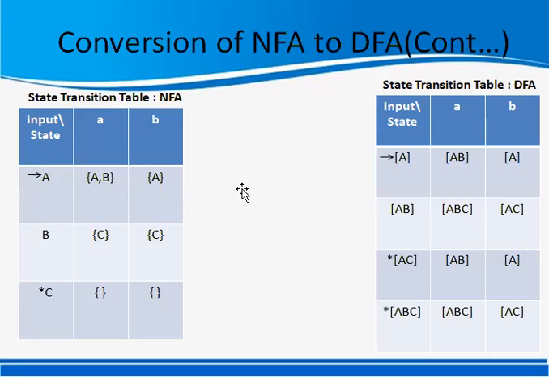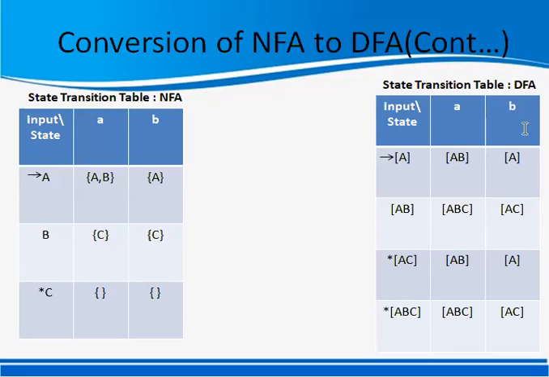So on input small a, it will give ABC as a result. So we have written here ABC. Here also we will consider ABC as a single state.